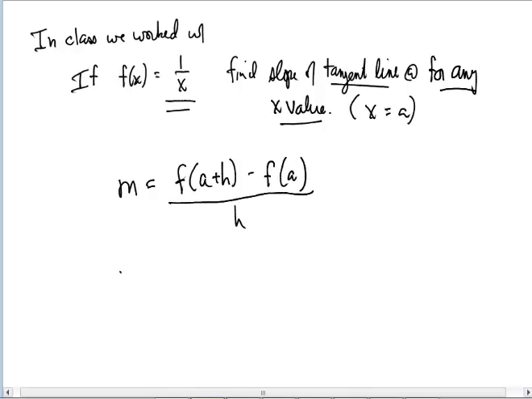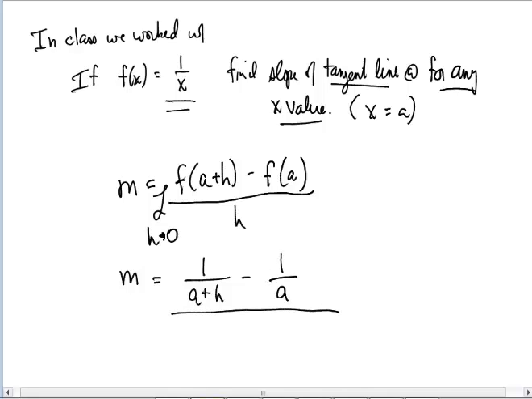Remember I have to limit h to go to 0, sorry about that. So we're going to plug a plus h into the function, and that's going to give us 1 over a plus h minus 1 over a, all over h. I'm going to limit h to go to 0.